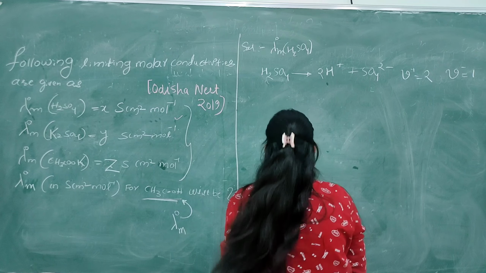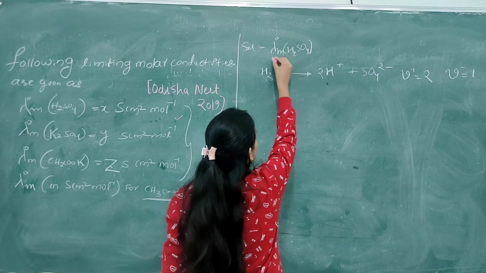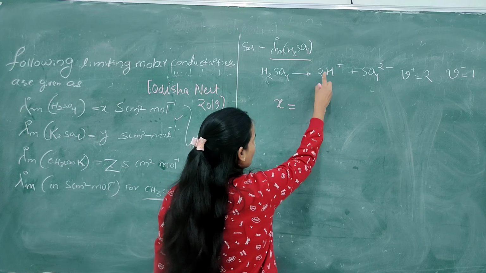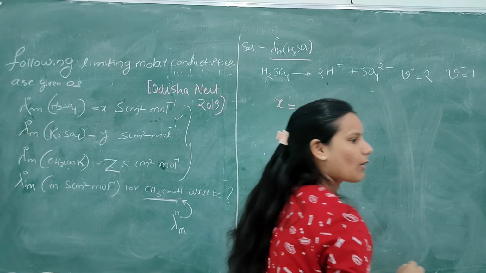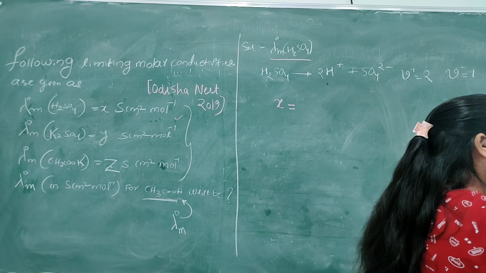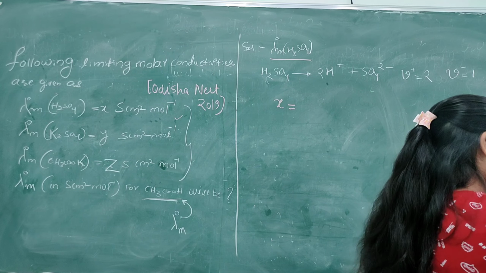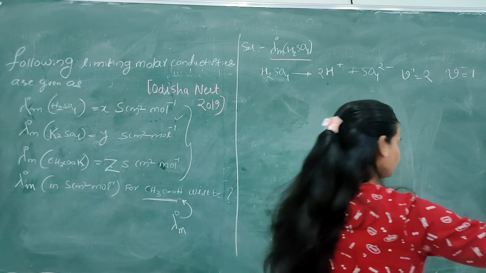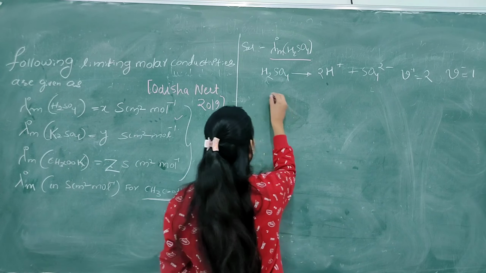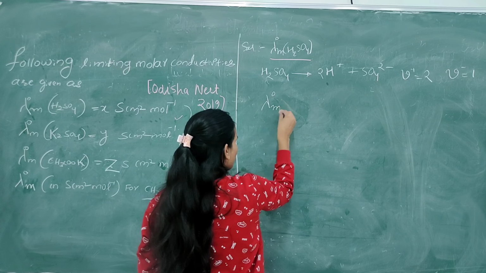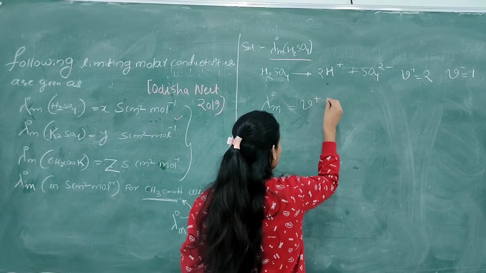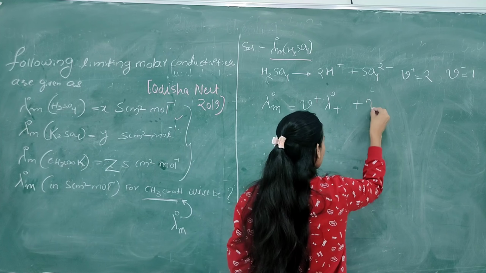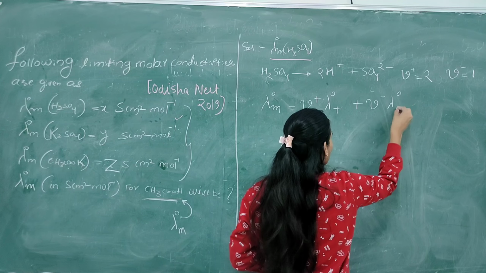So you can simply write lambda naught m for H2SO4 equal to X. First I should write the formula so that you get it nicely. What was the law? Lambda naught m for electrolyte equals number of cations times lambda naught positive plus number of anions times lambda naught negative.